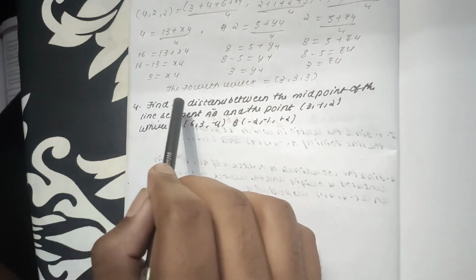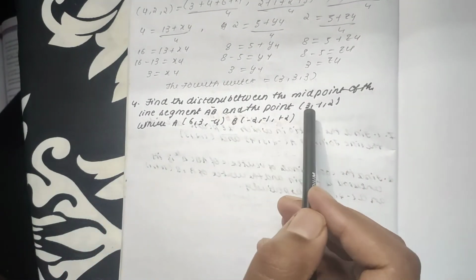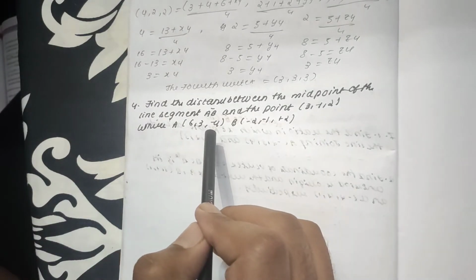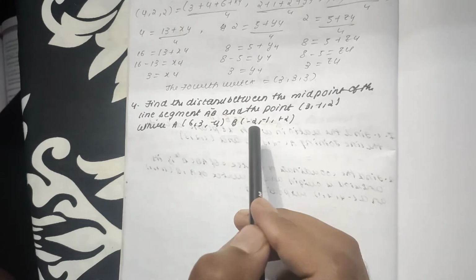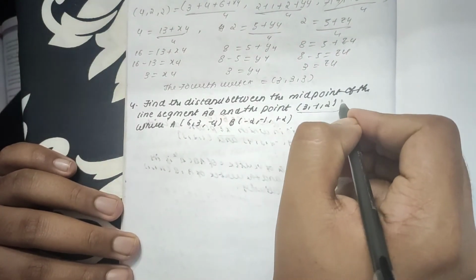So let's go to the next sum, which is: find the distance between the midpoint of the line segment AB and the point (3, -1, 2), where A is (6, 3, -4) and B is (-2, -1, 2). So we have to find the distance between the midpoint of AB and the given point (3, -1, 2).